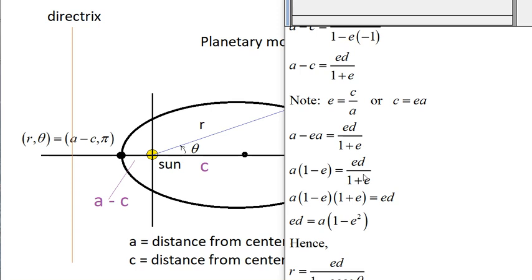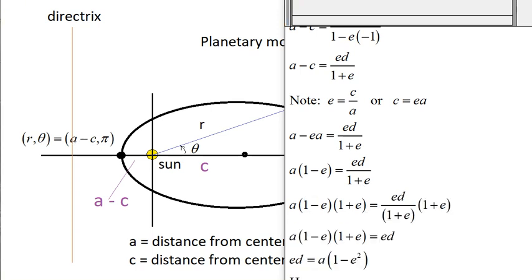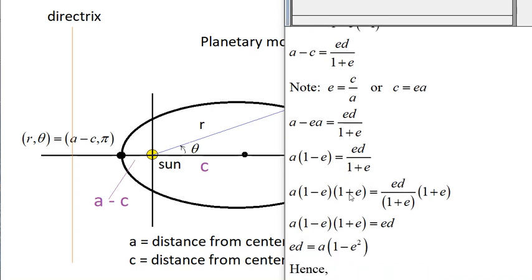Multiply both sides by 1 plus e. Then the right side we just have ed. 1 plus e and 1 plus e will cancel out. 1 minus e times 1 plus e is 1 minus e squared.